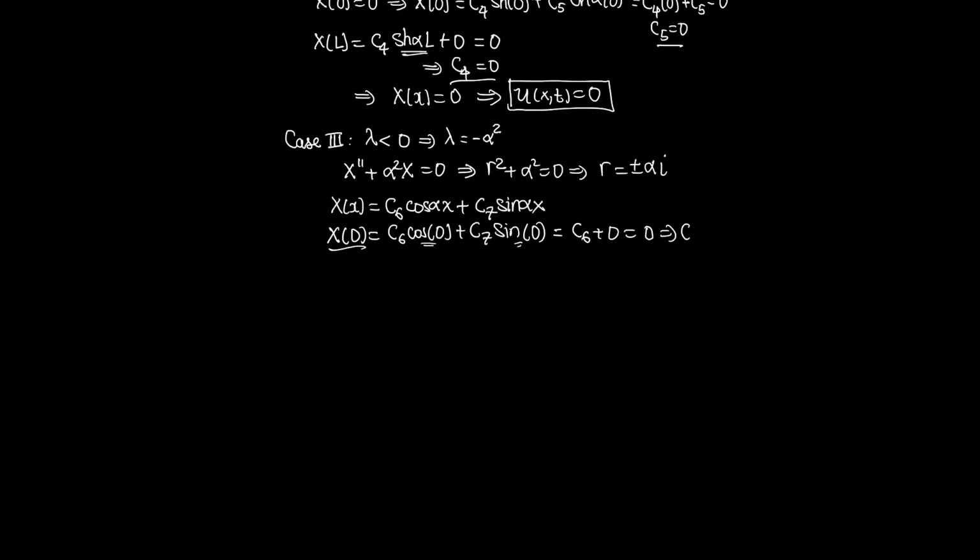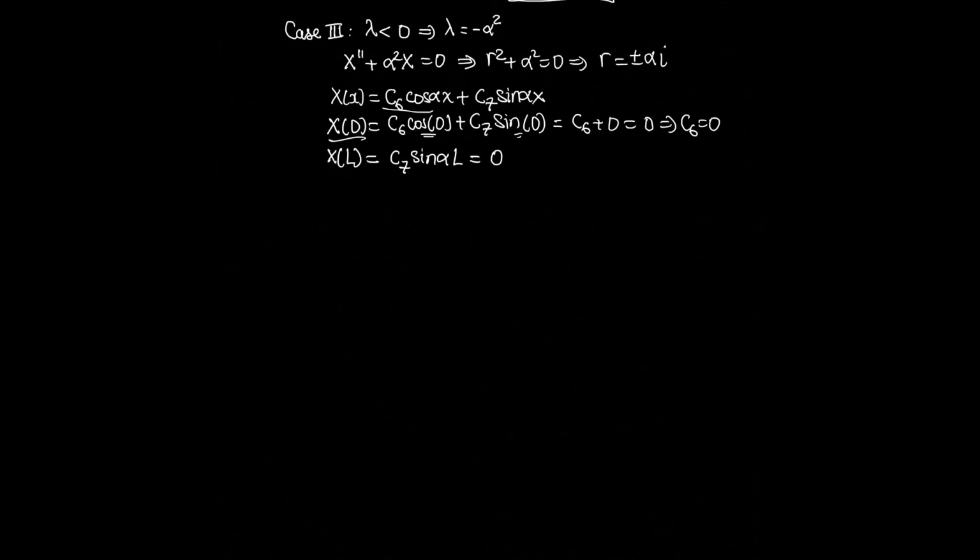That means C6 is 0. Then for X(L), C6 is 0, so I cancel this part. I just have C7 sine of alpha L has to be equal to 0 because X(L) also has to be equal to 0.